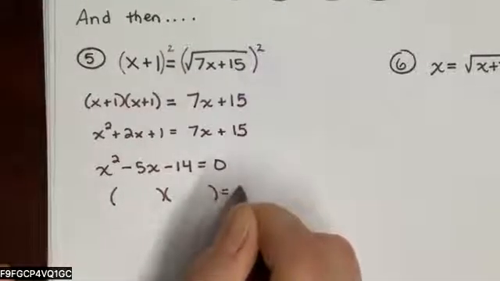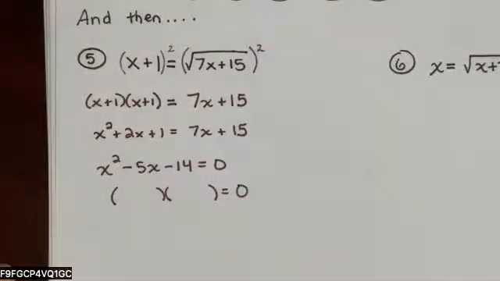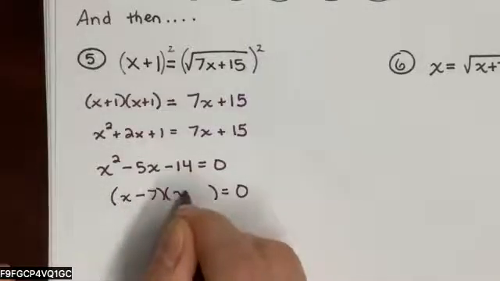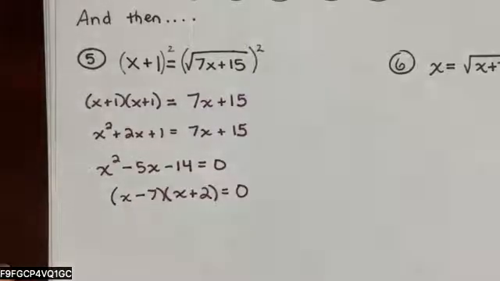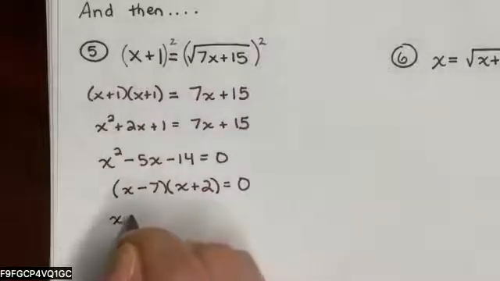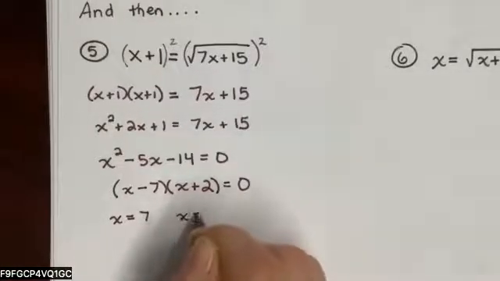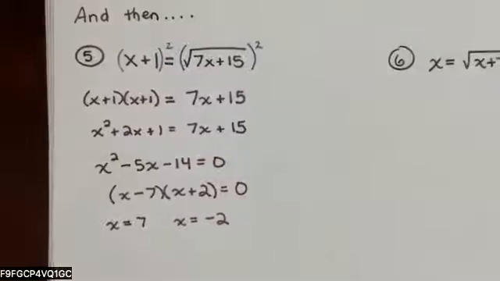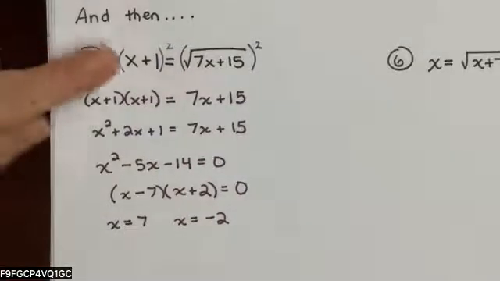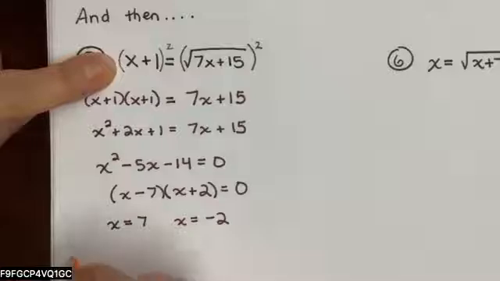Because Xbox is something we've done so many times before, I'm just going to skip to the already factored part. So this would come out as x minus 7 and x plus 2. Solving for my two answers gives me this. Now I'm going to have to go back and check them both in the original problem.